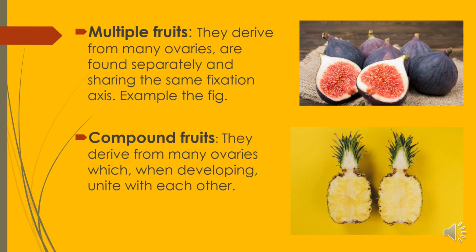Multiple fruit, they derive from many flowers that are found separately and share the same fixation axis. Example, the fig. The fig has the flower inside the fruit. A compound fruit, they derive from many flowers which, when developed, unite with each other, like the pineapple.